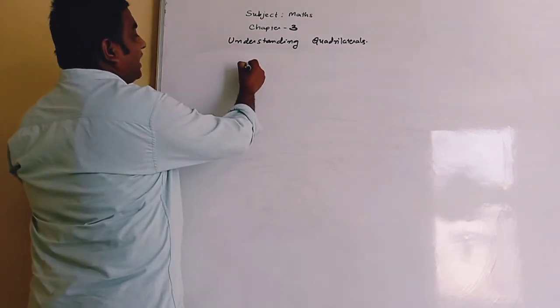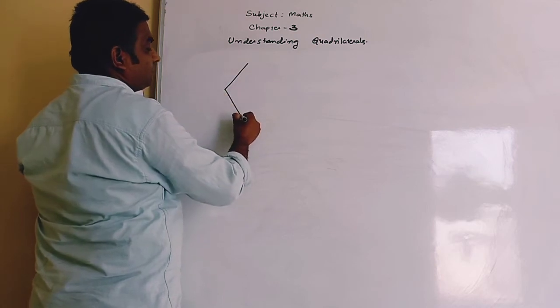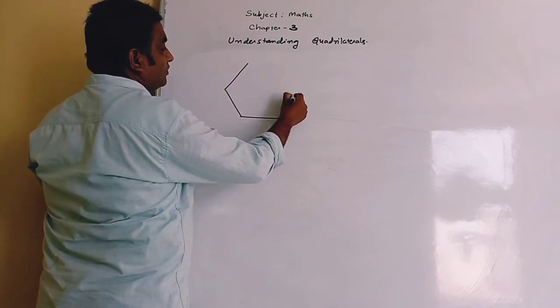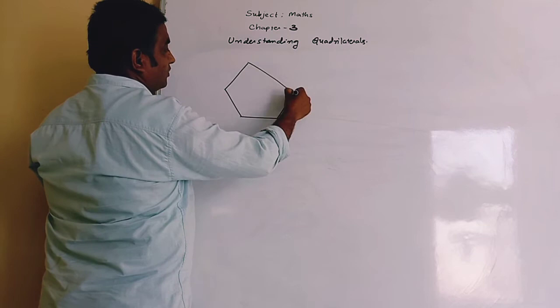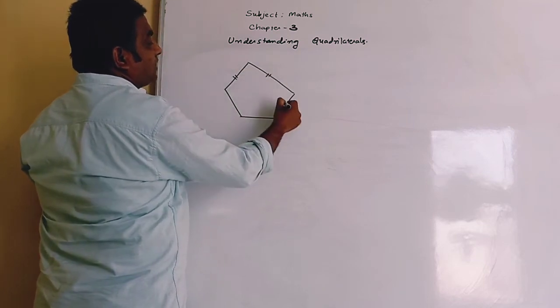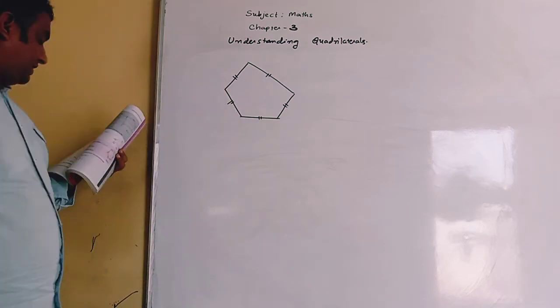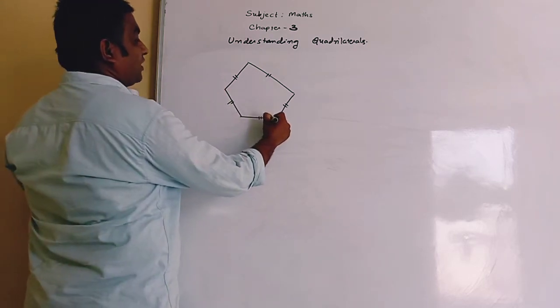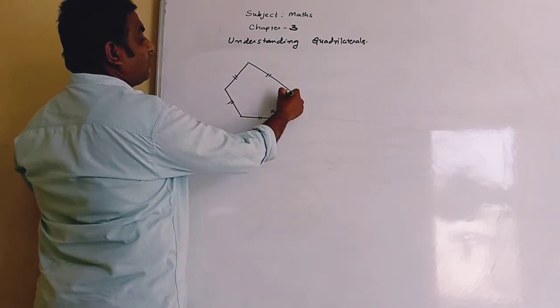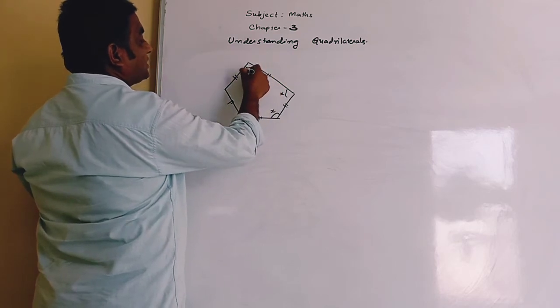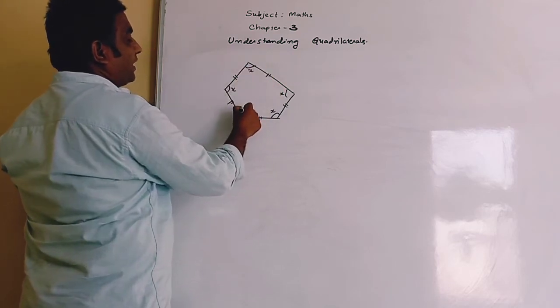Now we are given a regular pentagon. This symbol shows that all the sides are equal, and so it is a regular pentagon. So one angle is x, and we take all the angles as x in the regular pentagon.